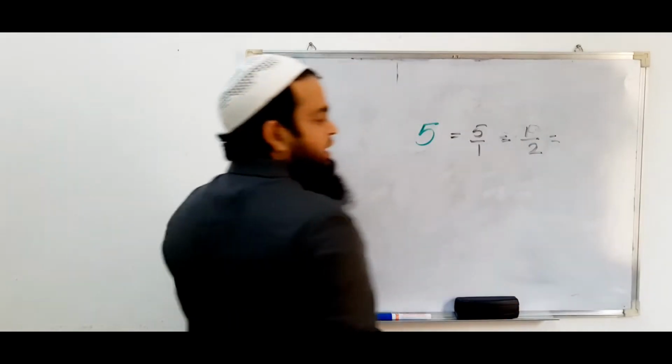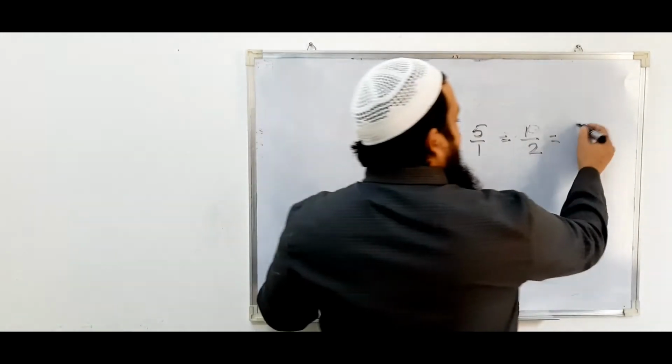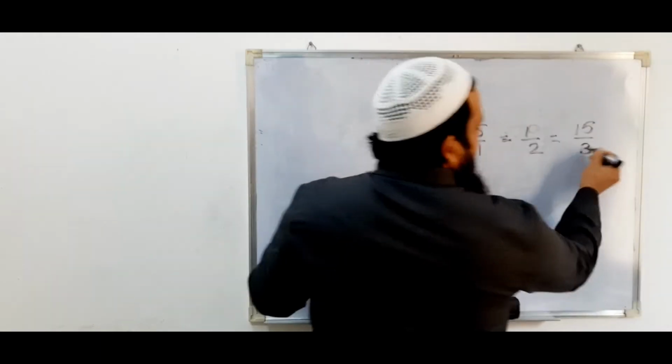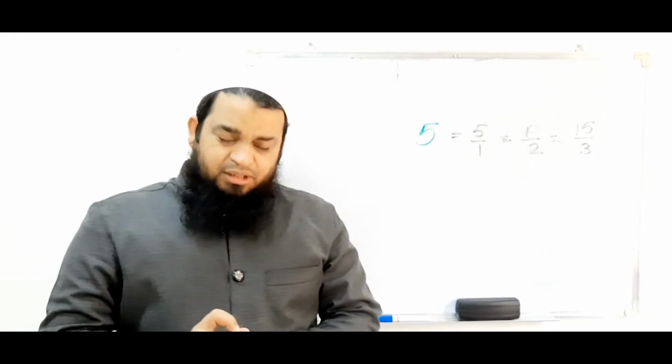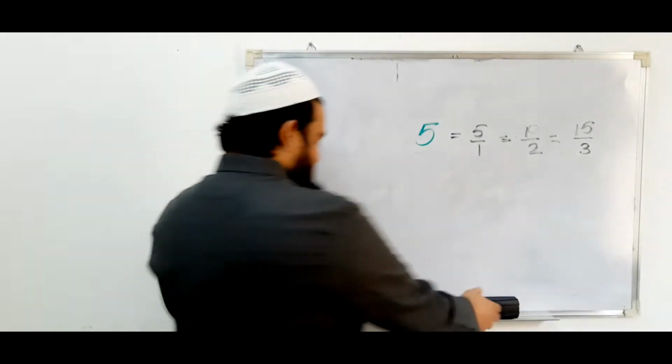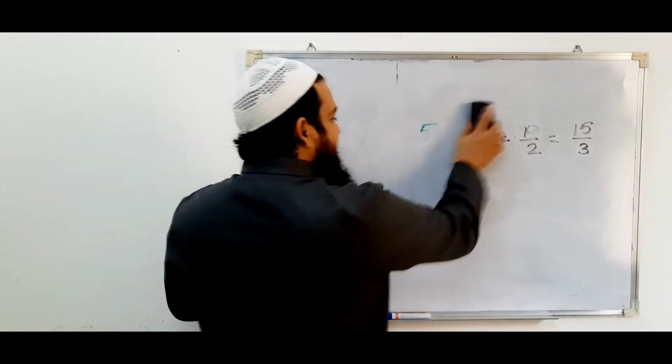And even you can write it as 15 by 3. So you can write any whole number in the form of P by Q, where Q is not equal to 0.